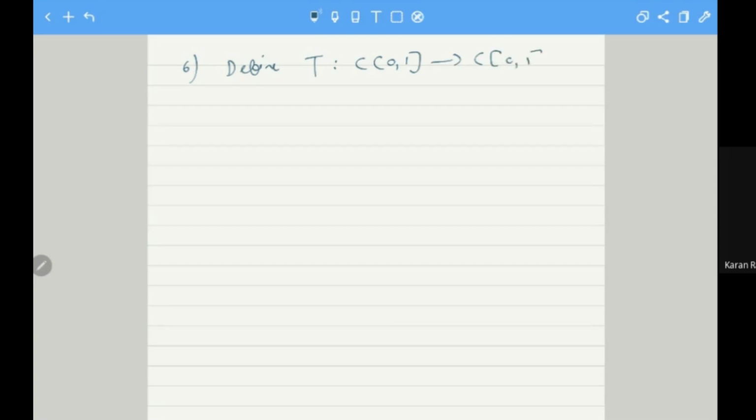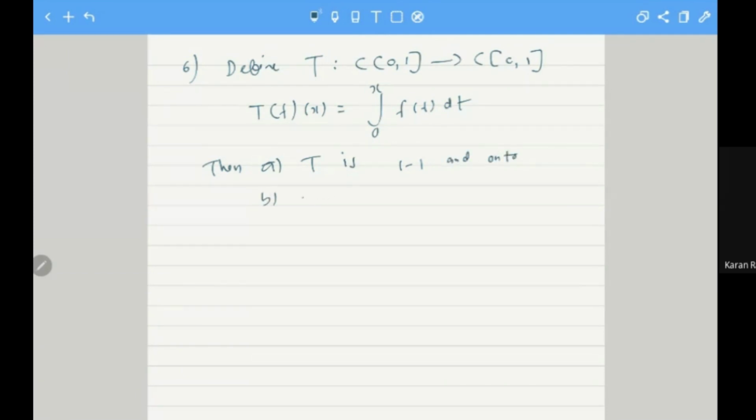So we will move to the next question. Define T from C[0,1] to C[0,1] defined by T of f acting at x is nothing but integral 0 to x f of t dt. Then option A, T is 1-1 and onto.